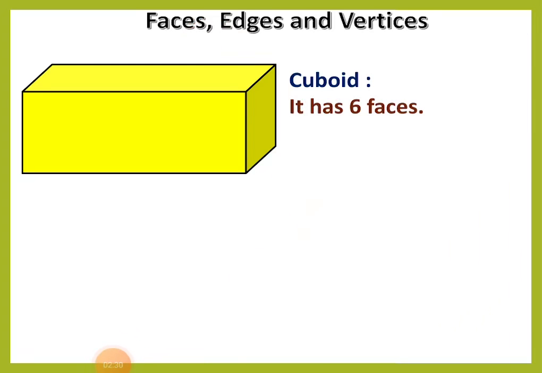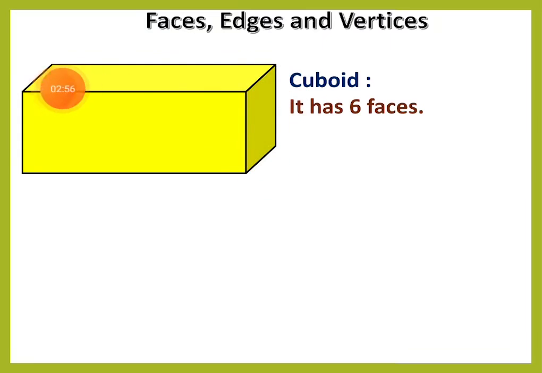If you talk about the number of faces for this 3D shape cuboid, you see here the front face, this is the first face. In the same way, its back region also has a rectangular region, so that will be the second face. Then if you see from the right end, this rectangular region is the third face.